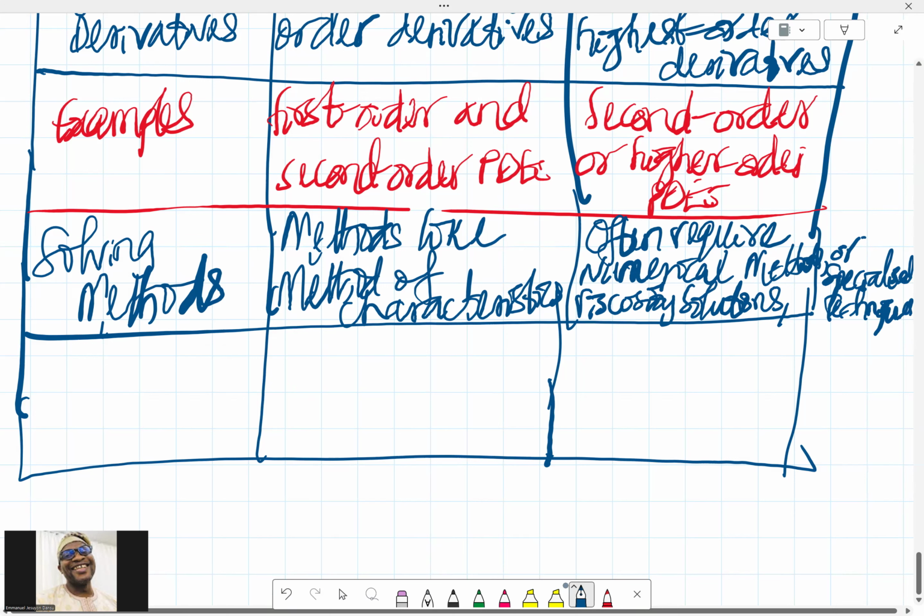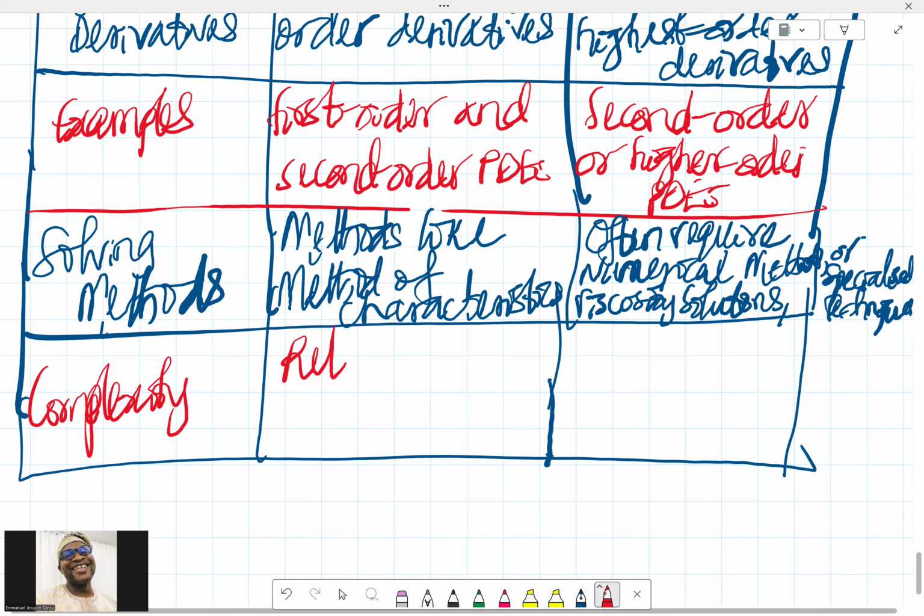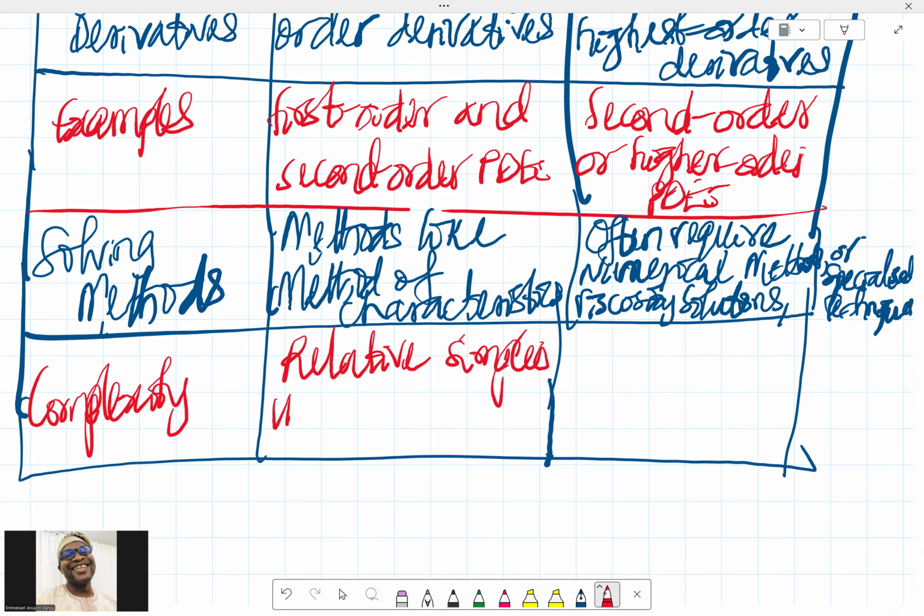Okay. So lastly, we talk about the complexity. Of course, obviously, we have an idea of that. Quasi-linear PDEs are relatively simpler than fully nonlinear PDEs.